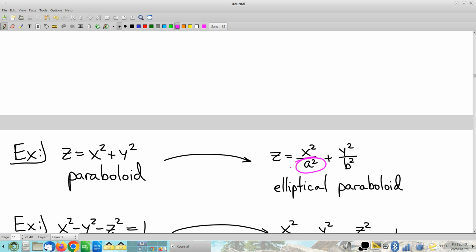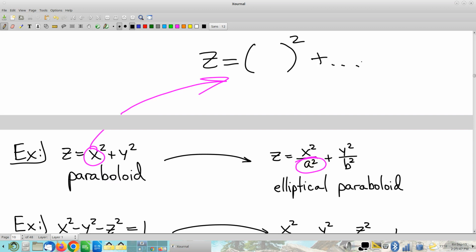And whatever it is that you replace x with, your equation is going to become z equals whatever you replace x with squared plus dot, and what you're going to be replacing x with.